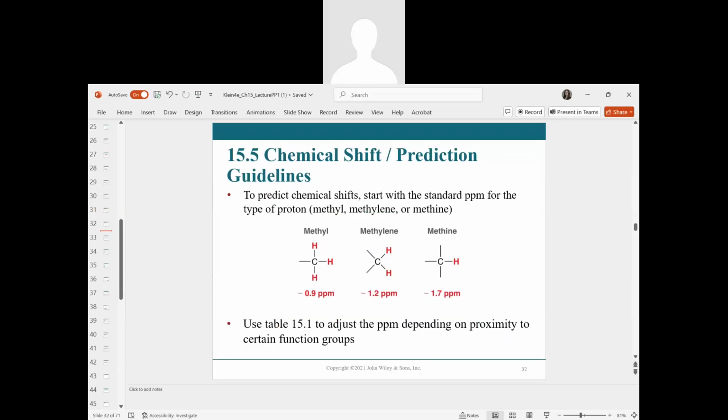So we can adjust our shift accordingly. Then if we have a methylene or a CH2 group, that's shown in the middle, we would start at around 1.2, and then a methine, so just a CH, where that carbon is bonded to 3 other things, and then the single proton, that would be around 1.7 ppm.